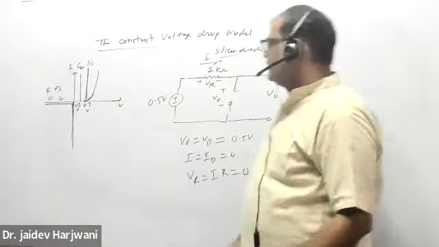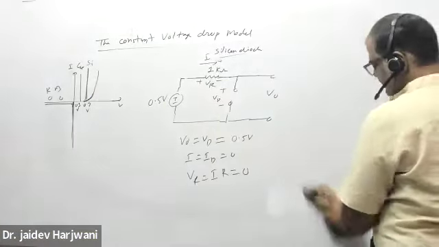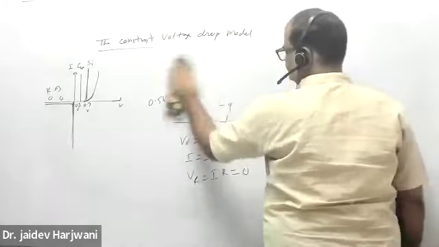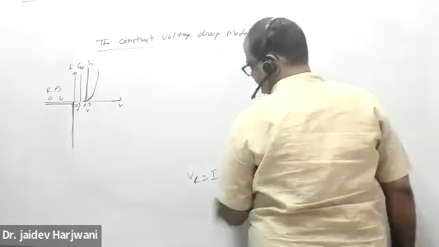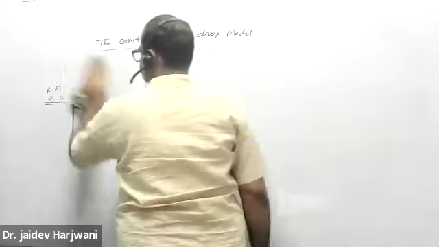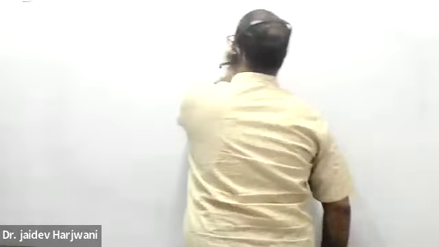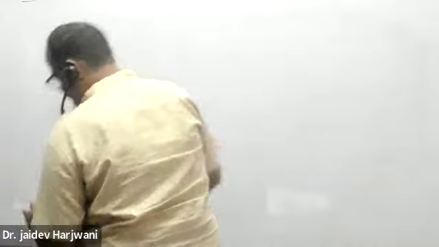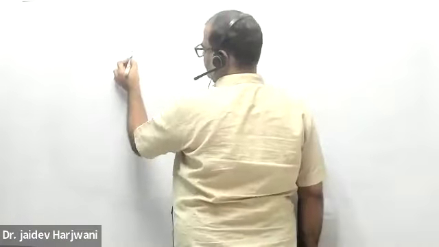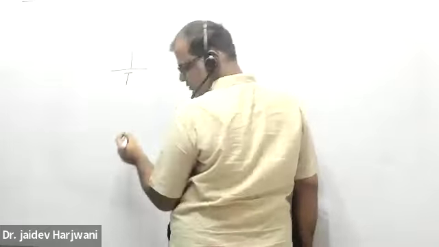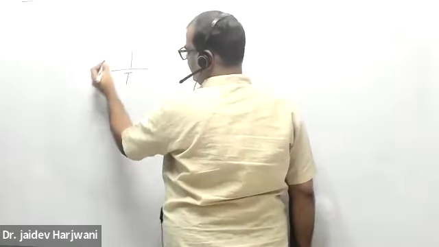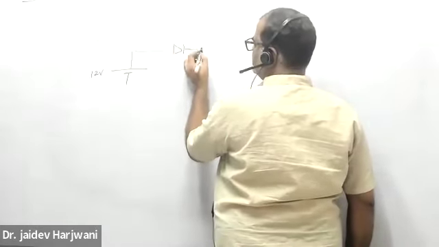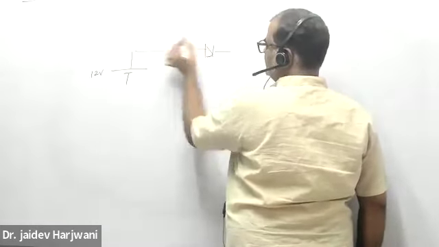Okay, let us do one more problem. Here you have a, say, 12 volt battery. This is a silicon diode.